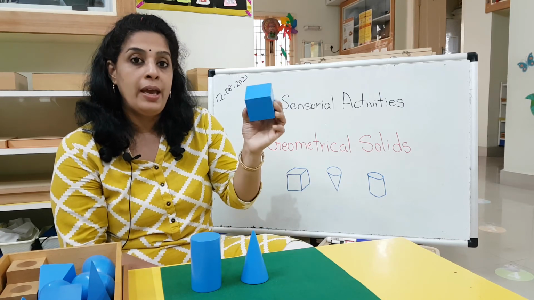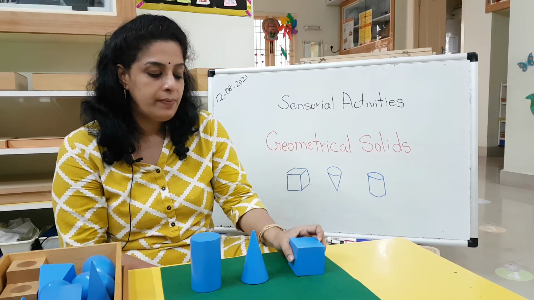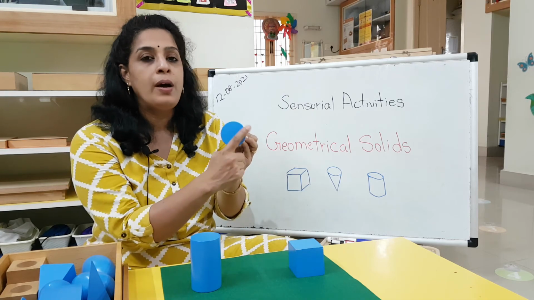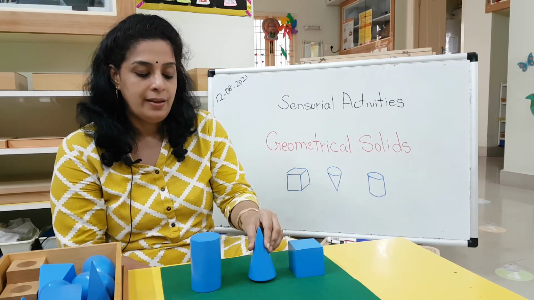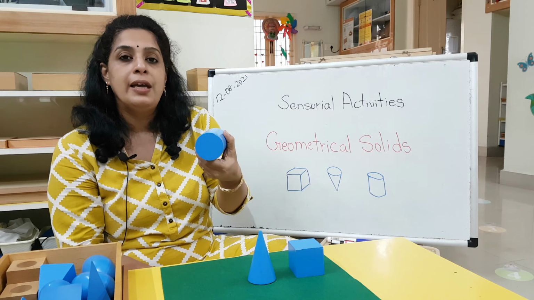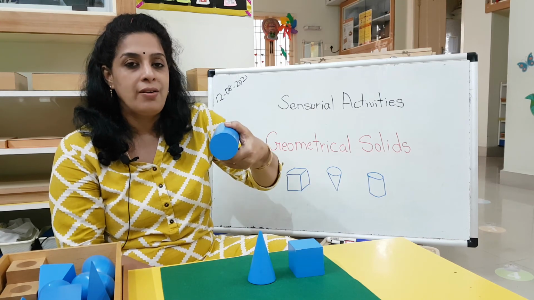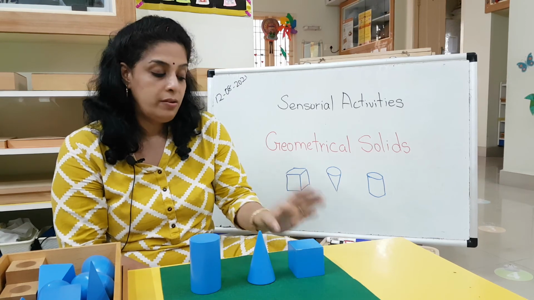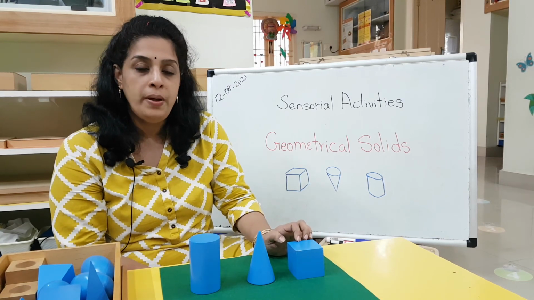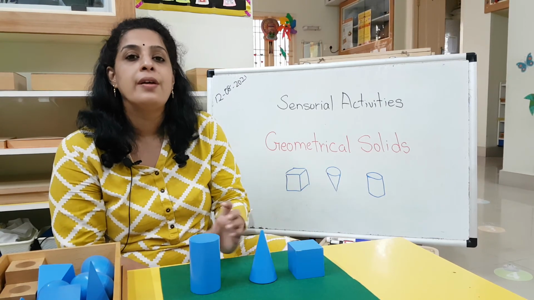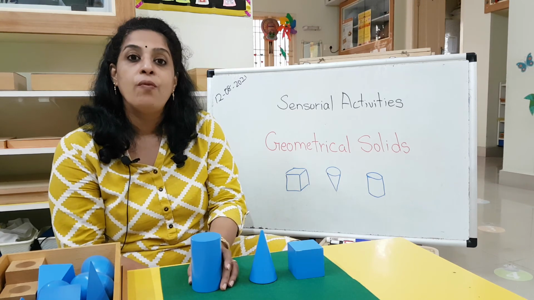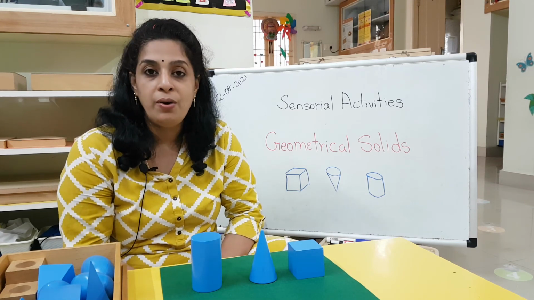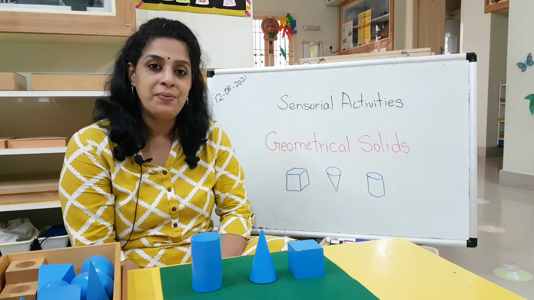Cube has squares on all sides. Cone has one circle face. Cylinder has two circle faces. Okay? So let's say the names again. Cube, cone, cylinder.